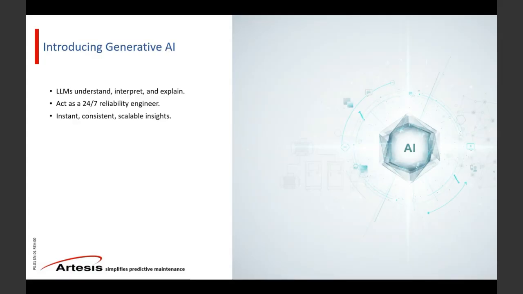Not someone replacing your team, but someone doing the repetitive part that eats up time, the part where you scan through evidence and figure out what is relevant. So instead of giving you another chart or another alarm, generative AI can review what the other layers are already producing in trends and PSD data, learn baselines and fault indicators, and translate this into readable assessments.